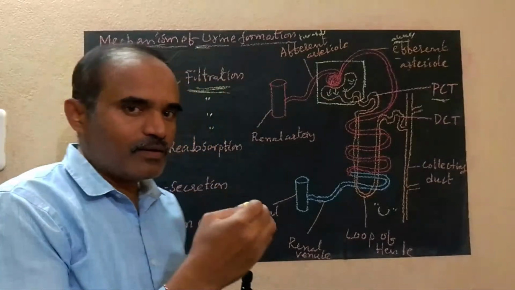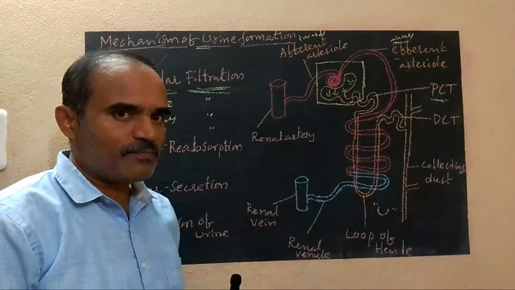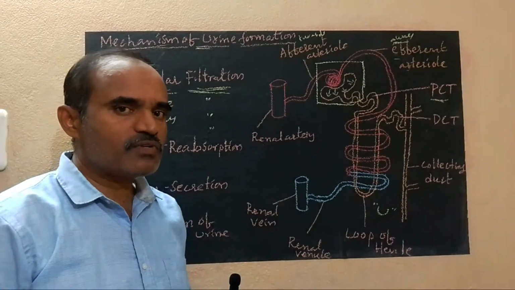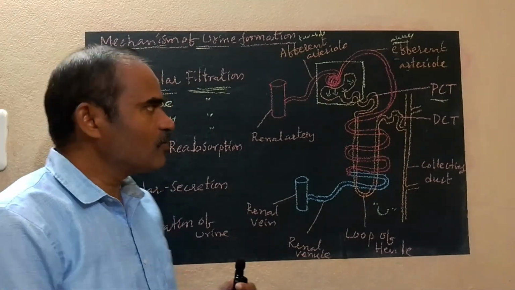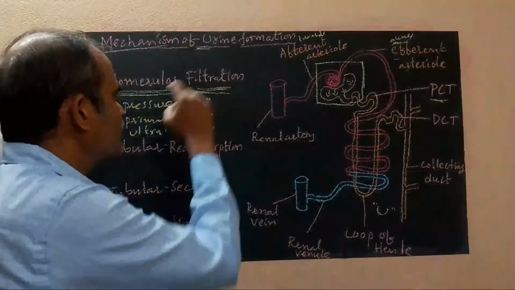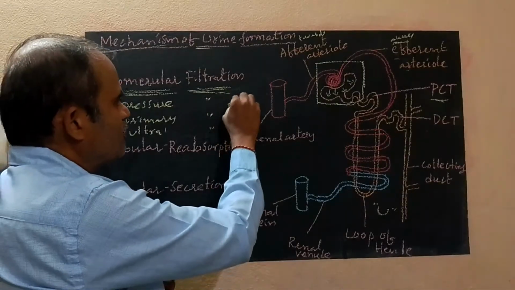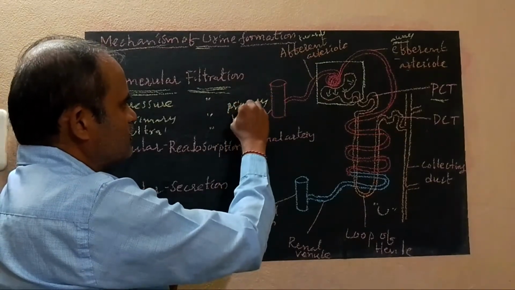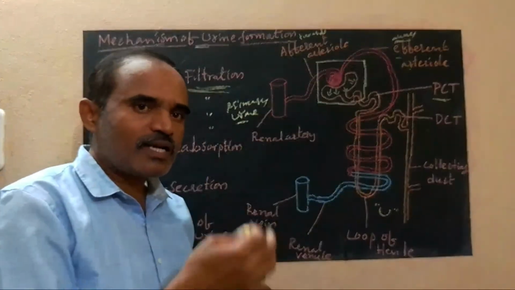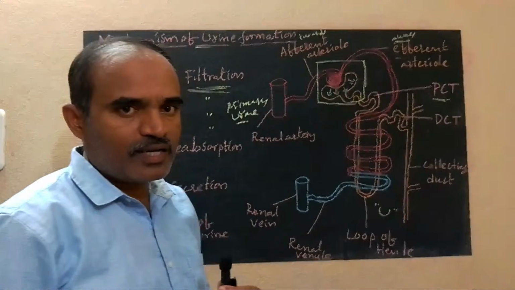All the substances in the blood, except blood cells, both useful and useless, are filtered here. This filtrate is called primary urine. All the useful and useless substances are filtered and enter the renal tubule.